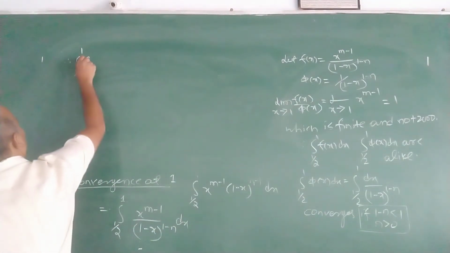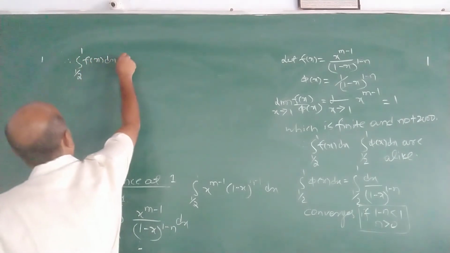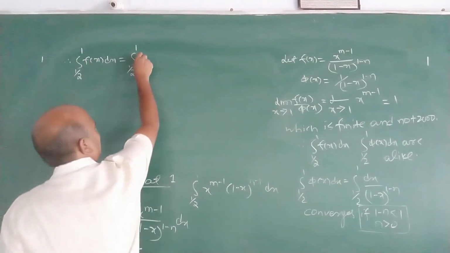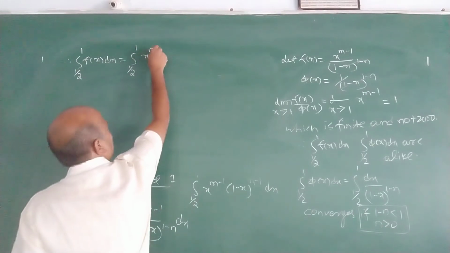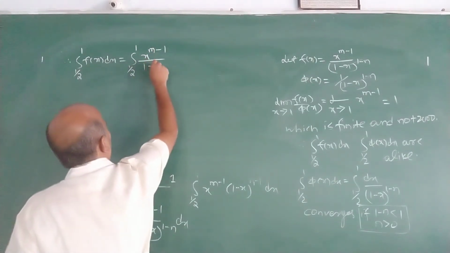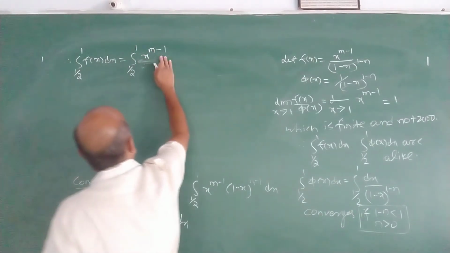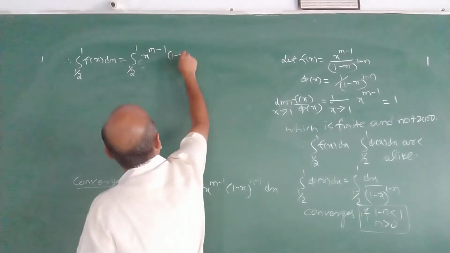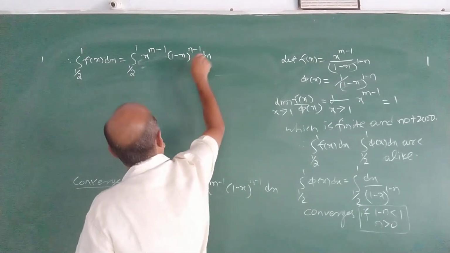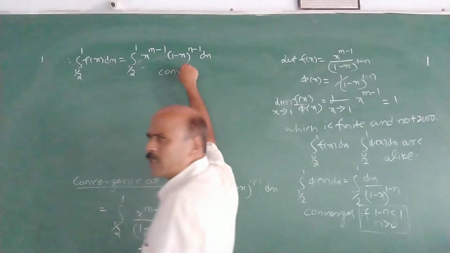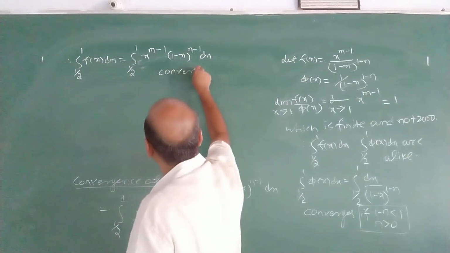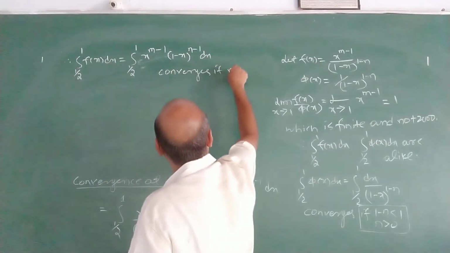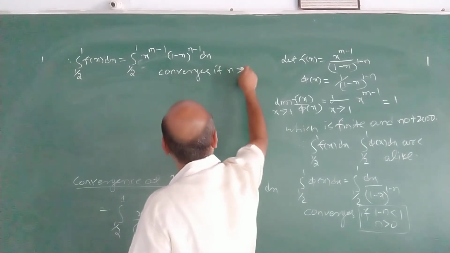Therefore, the integral from half to 1 of f(x) dx, where f(x) is x raised to m minus 1 into (1 minus x) raised to n minus 1, converges if n is greater than 0.